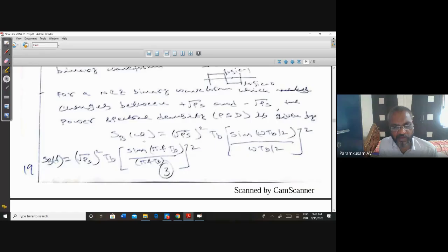Right, S_B of omega is equal to root Ps square into Tb, write it in brackets: sin(omega Tb by 2) divided by (omega Tb by 2).